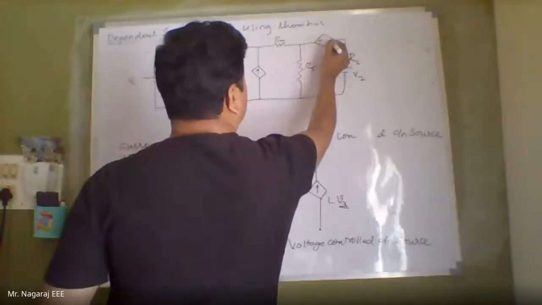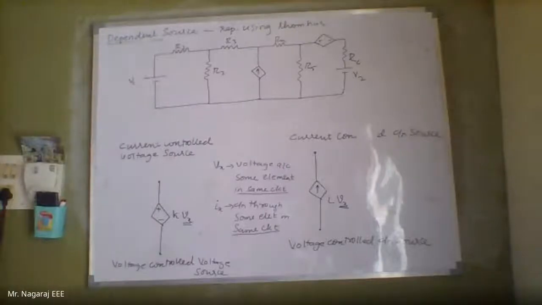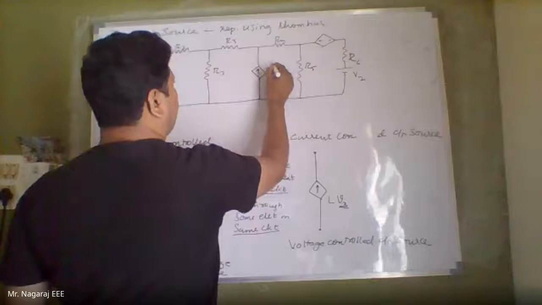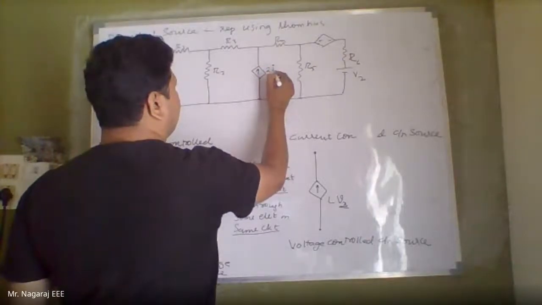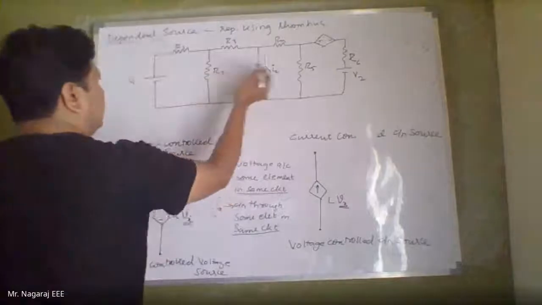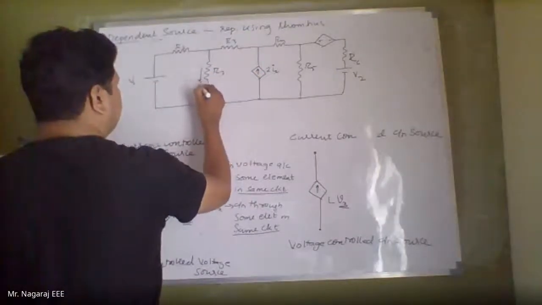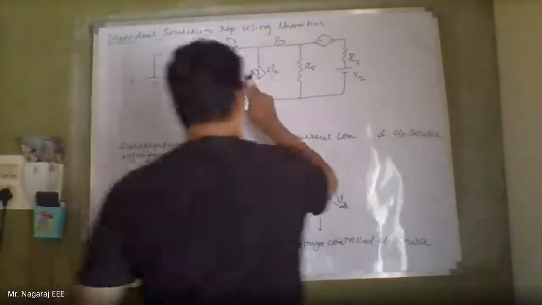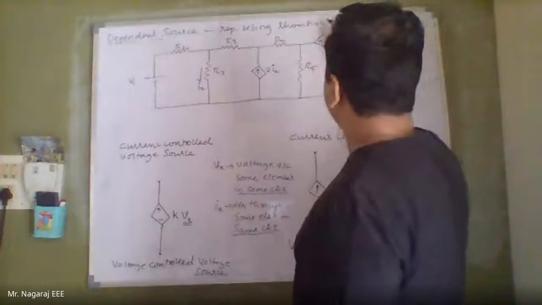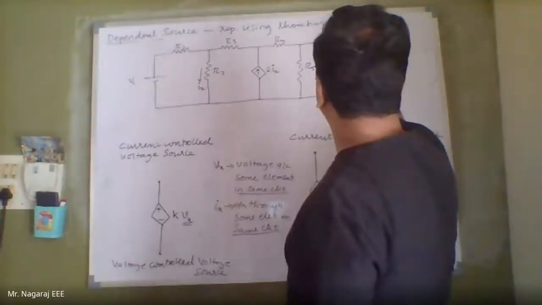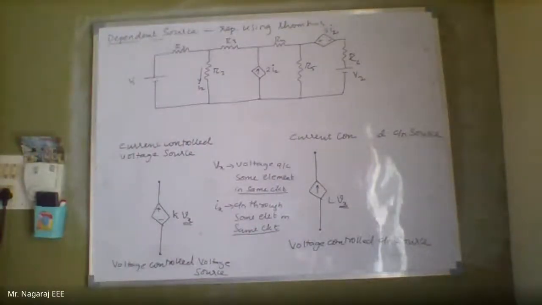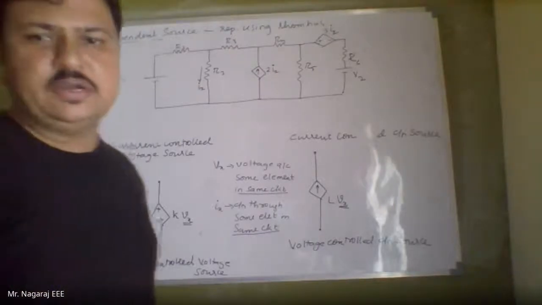Now this is a controlled voltage source or dependent voltage source. This is a dependent current source. So let this be 2 into Ix. Now this Ix may be the current through R2. So this is a current controlled current source. Now here I will be getting 3 into Ix. Now that is a current controlled voltage source. Okay. So this is the meaning of controlled sources or dependent sources.